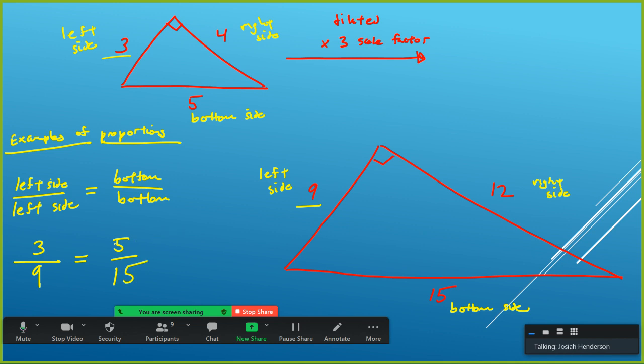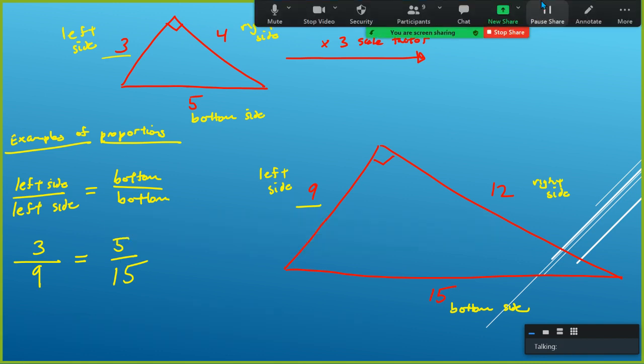So I'm saying these two fractions are equal. Is that true? 3/9 is equal to 5/15. How can we tell if it's true or not? Any ideas on how to tell if that's a true statement that I just wrote down? 3/9 equals 5/15.